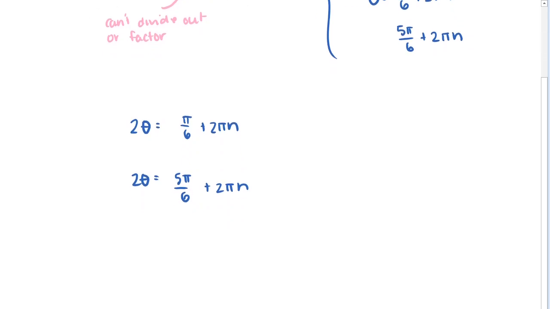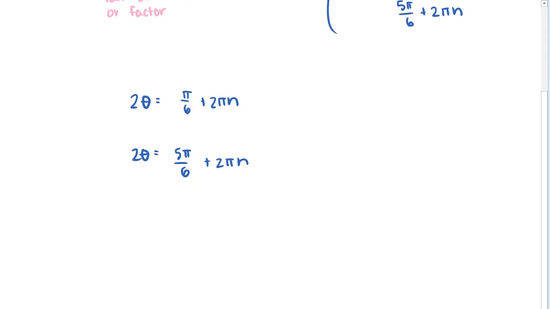And so, this looks a little bit messy, but we can solve these equations for theta and figure out exactly what angles would work. So here if I divide both sides by 2, then this leads me to theta is equal to... When you take an equation and you divide both sides by 2, you want to make sure you're dividing the entire right side by 2 as well.